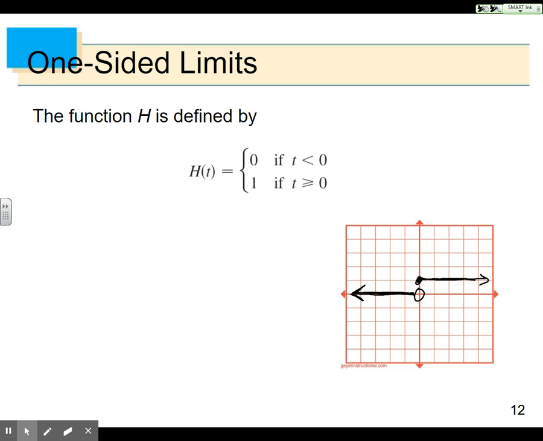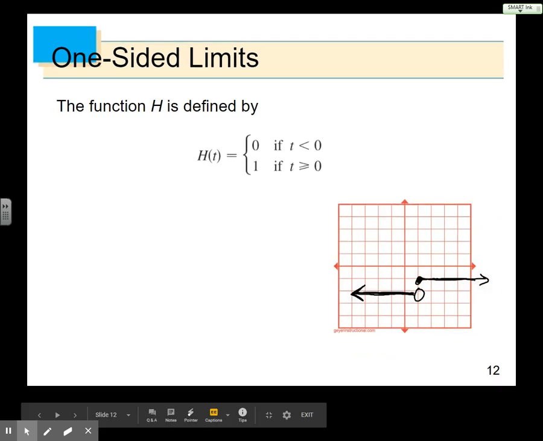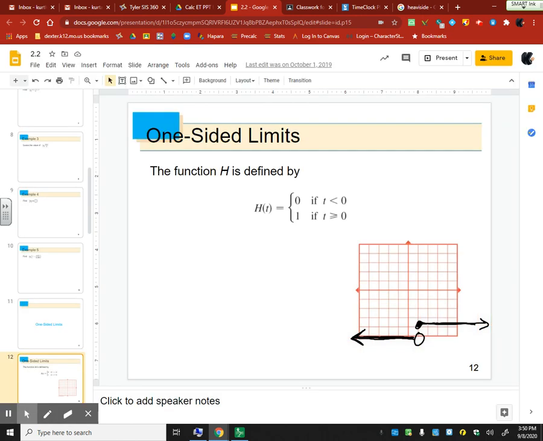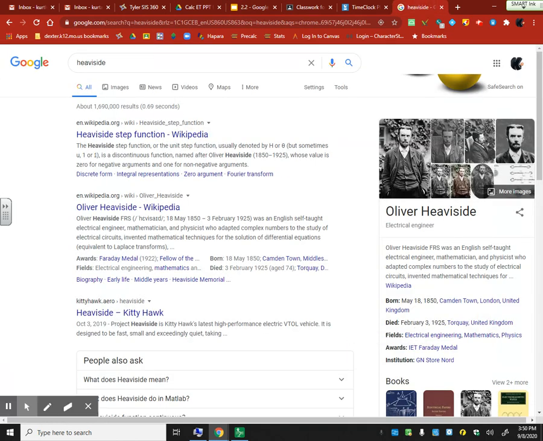And so this is known as the Heaviside function. I just thought it was called Heaviside because maybe this side was a little bit heavier. But come to find out, after a quick Google search, there's a guy named Oliver Heaviside that this function is named after.